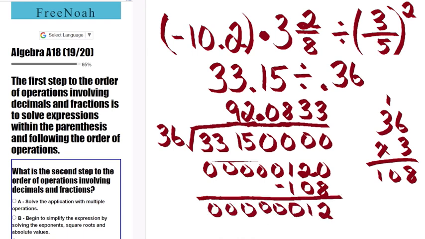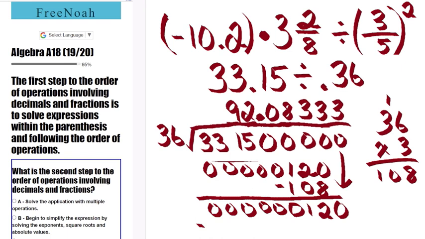So we can already see a pattern here. Let's borrow another 0 and drop it down. 36 goes into 120 3 times, 36 times 3 is 108, and 120 minus 108 gives us our fourth 12.